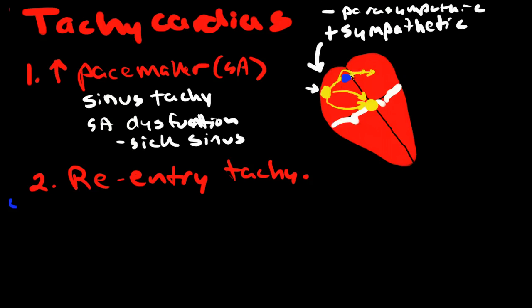However, there's sort of tissue in here around it that has not been depolarized. So what you're going to end up with is sort of this circuit, and as this travels backwards, this tissue here will have time to repolarize, and you'll end up with this circuit where you have depolarization and repolarization happening very, very quickly, and this can happen 300 to 600 times per minute.